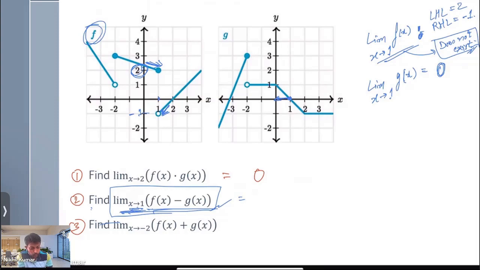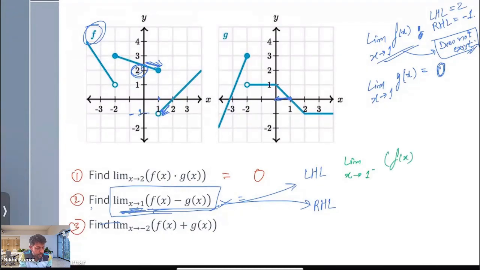So what we are going to do now is find out the left hand limit, and then the right hand limit. How do we write that? We write it like this: limit x tending to 1 minus of f of x minus g of x.